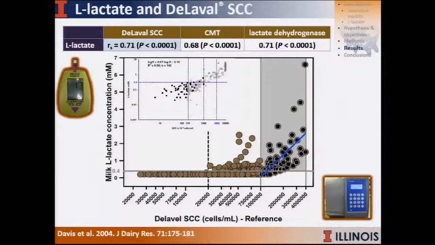Here is the Davis study in 2004. It showed the same result, that the milk lactate concentration measured by laboratory methods was correlated significantly with the somatic cell count after a threshold of 1 million. This supports the fact that the main source of milk lactate is the somatic cells present in the milk, mainly neutrophils.